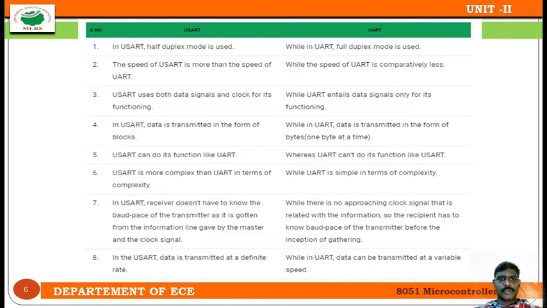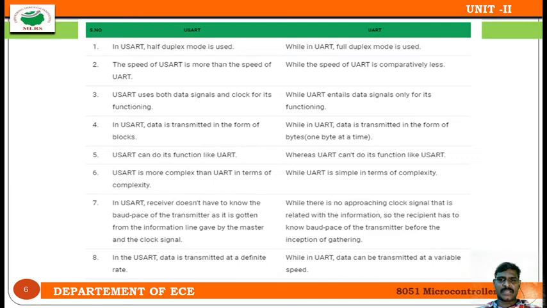In UART, data is transmitted in the form of bytes. USART can do the functions of UART, whereas UART can't do the functions of USART. USART is more complex than UART; in terms of complexity, UART is simple. In USART, the receiver doesn't have to know the baud rate of the transmitted data, as it gets the information from the clock signals given by the master.